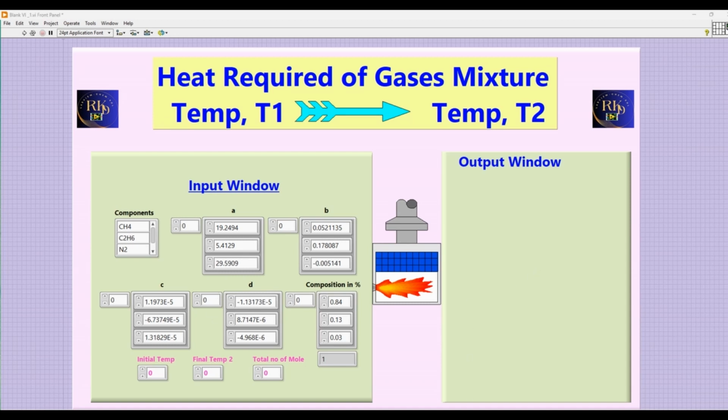The concept of calculating the heat requirement I have already explained in my previous video, so I will share the link of that video. If you have any doubt, go to that video.